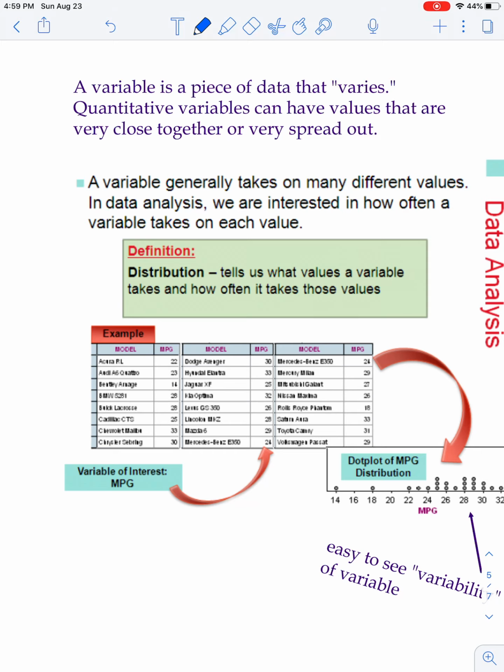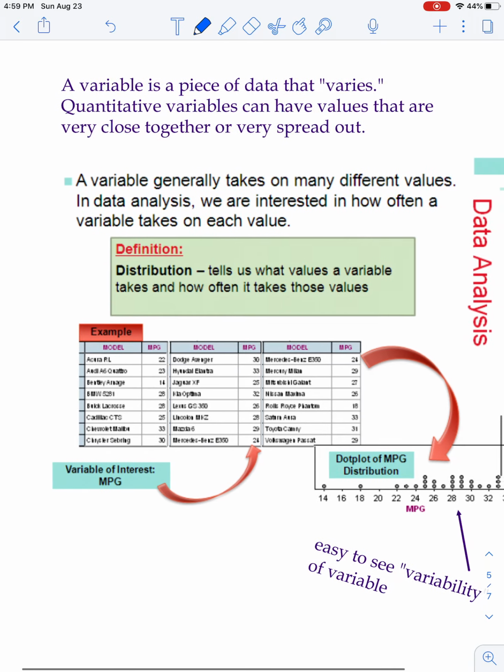Quantitative, so things that can be measured by numbers where it makes sense to take an average. Variables have values that are very close together, or they can also be very spread out. A variable generally takes on many different values. In data analysis, we are interested in how often a variable takes on each value.